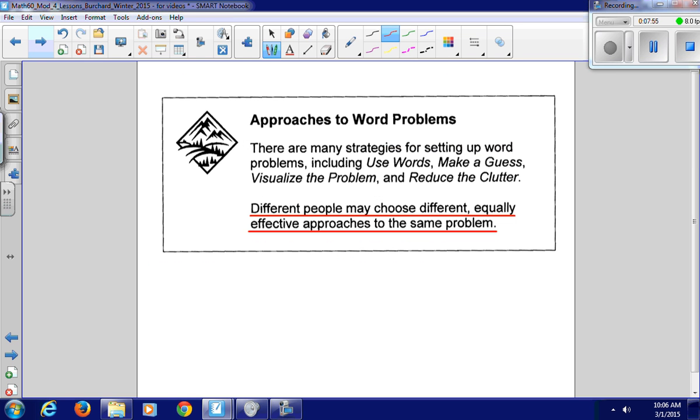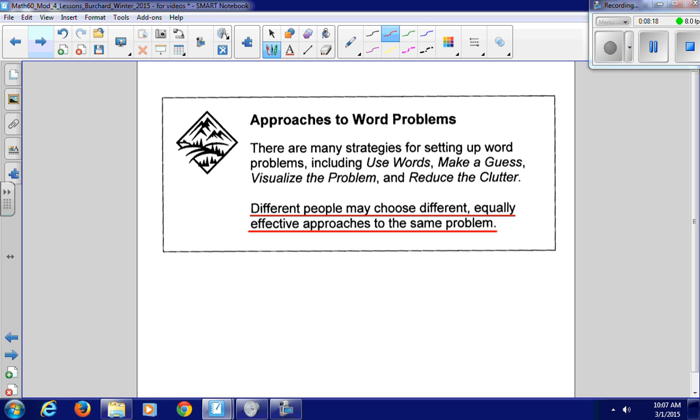So I want to remind you of a few things. Remember that when you approach word problems, these are just some strategies that some experts who solve word problems all the time have said might be helpful to you. Different people are going to choose different equally effective approaches to the same problem.